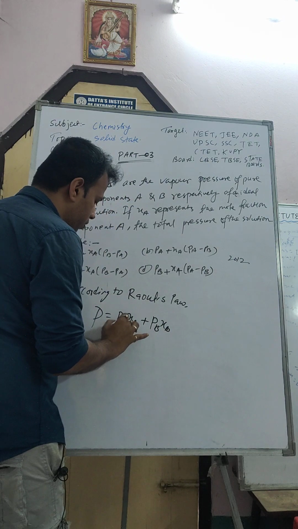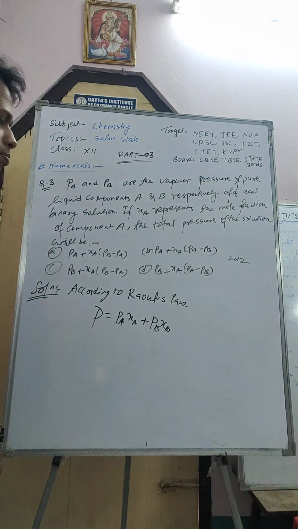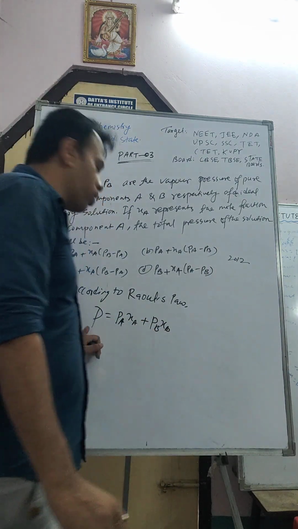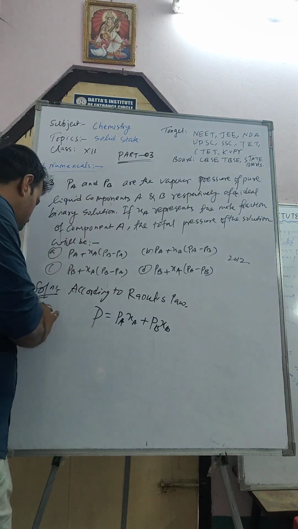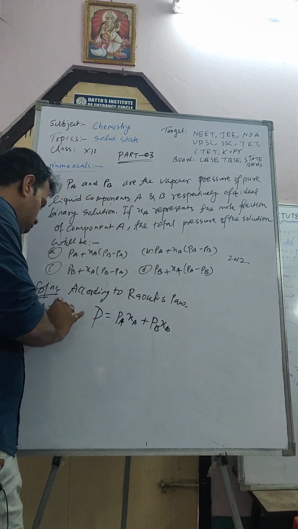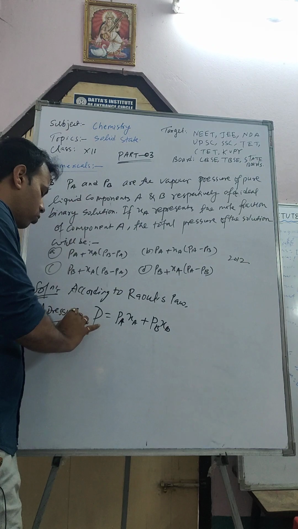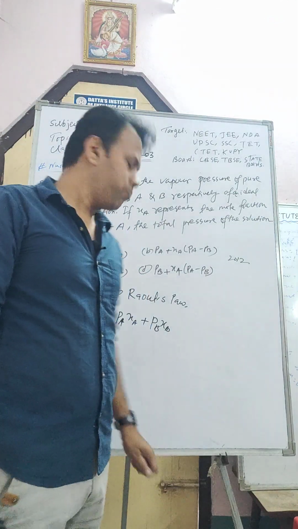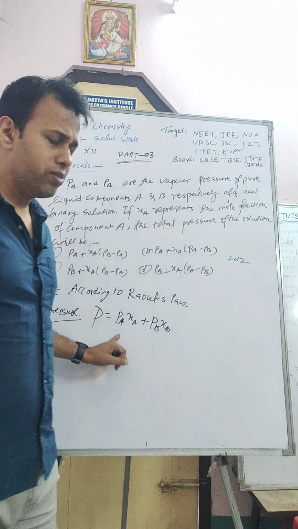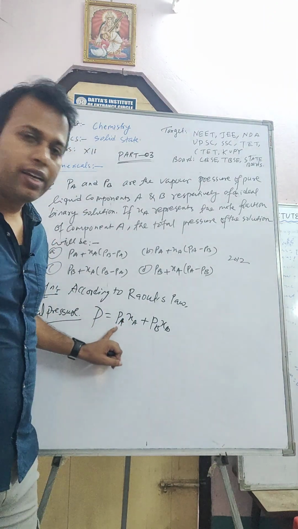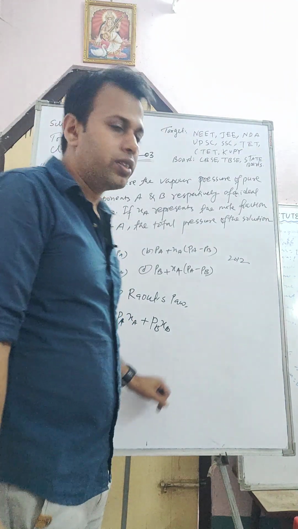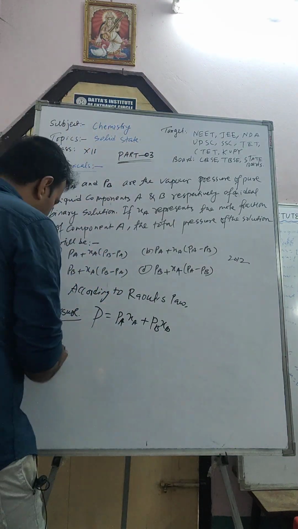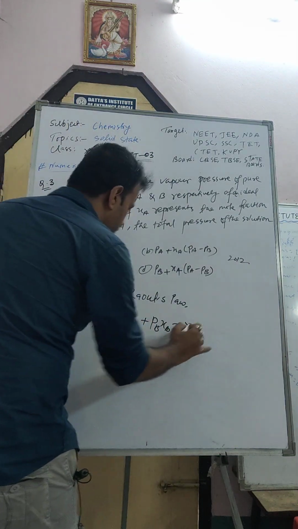P is the total pressure of the solution, XA is the mole fraction of A and XB is the mole fraction of B. PA is the pure vapor pressure of A and PB is the pure vapor pressure of B. This is one equation.